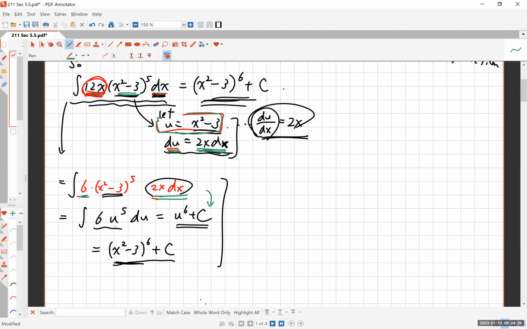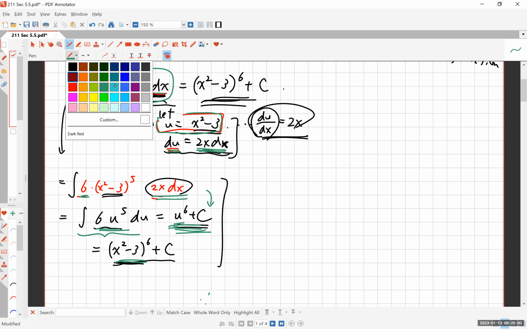You can't have any x in here. x and u don't mix up. I was going to make a pun, but that's okay. So you write the entire integral in terms of u, and once you solve that in the world of u, of course you have to go back to the world of x, because that's where it came from. The person who asked you this question has no idea what u is, so you can't leave u in the answer.